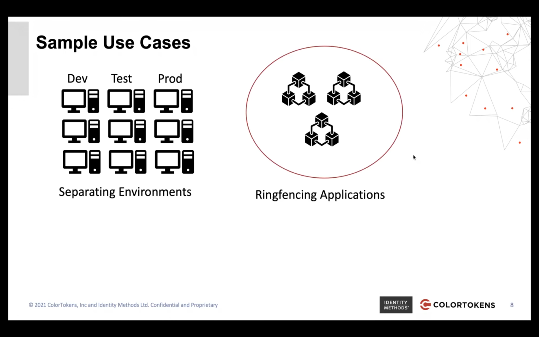The second is ring fencing of applications. So in typical structures, we see that there are possibly revenue generating applications that are more important to the business than, say, something non-valuable in terms of the records that they're holding. So one approach is to be able to say, okay, to begin with, as part of our zero trust journey, we're going to start to look at putting a ring of steel around these particular high value applications.